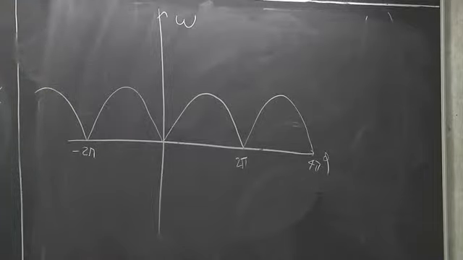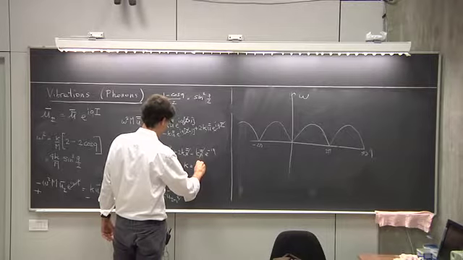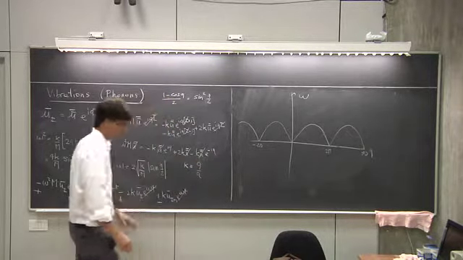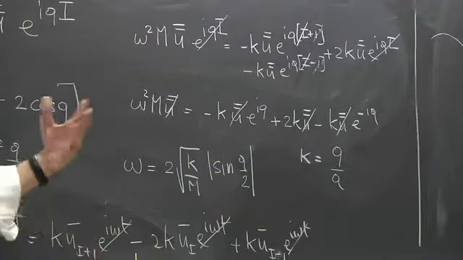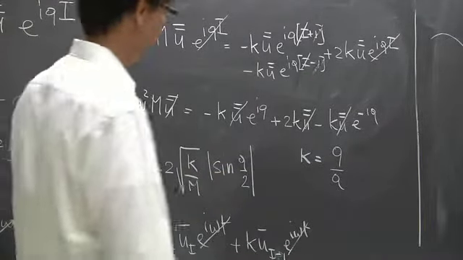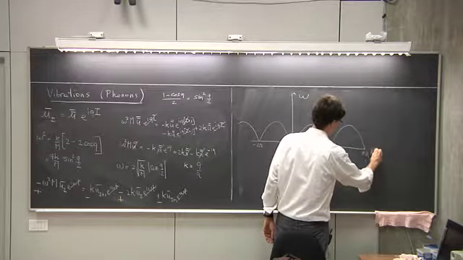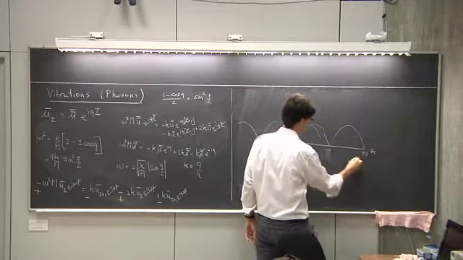Allow me to change the usual change of variables. Allow me to call k equal to q over a. We did exactly the same in the tight binding problem. We wanted to deal with some physical length. So here I'm now using k, and I simply divide this by a.